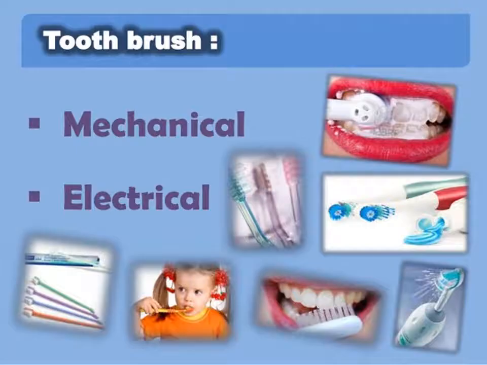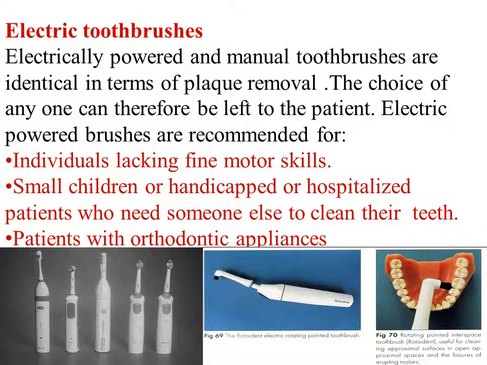We have 2 types of toothbrushes, either manual or electrical. Electrically powered and manual toothbrushes are identical in terms of plaque removal. I will repeat, they are identical in terms of plaque removal.